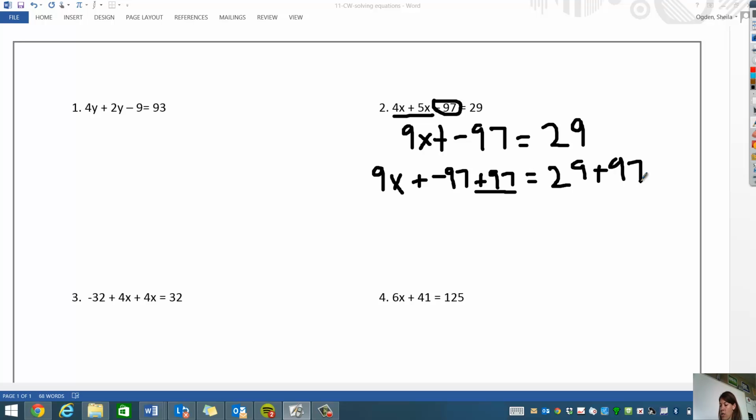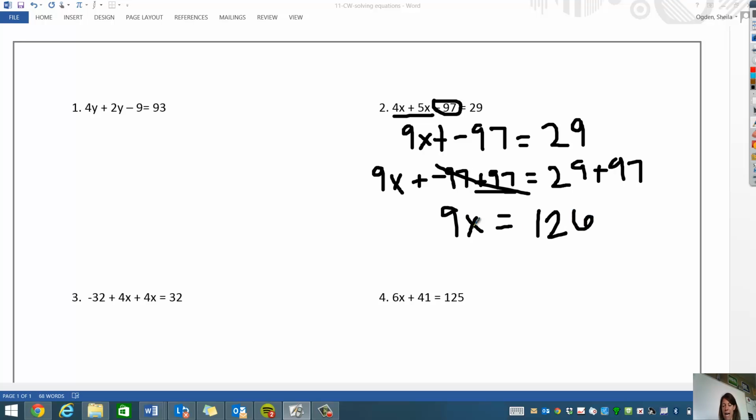Once you simplify that, negative 97 plus 97 just goes to 0. 9x plus 0 is the same thing as 9x, so you can just leave that. Then you have 97 plus 29. 97 plus 29, carry the 1, is going to be 126.